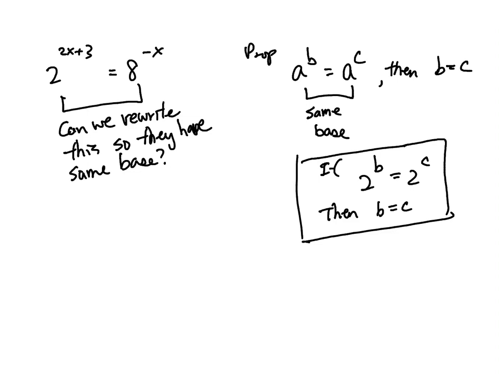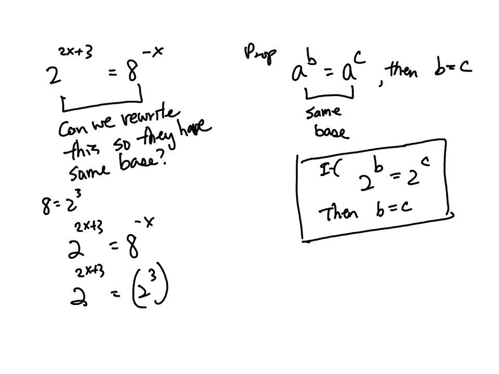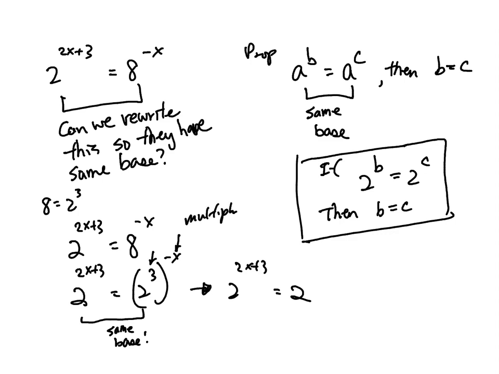Notice, 8 is 2 to the third. So 2 to the 2x plus 3 equals 8 to the negative x, which is the same as 2 to the 2x plus 3 equals 2 to the third, raised to the negative x. Now we have the same base. Let's simplify. Remember, when you have a power raised to another power, you multiply the exponents.